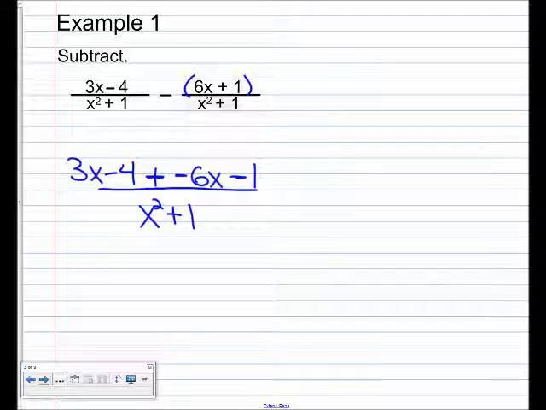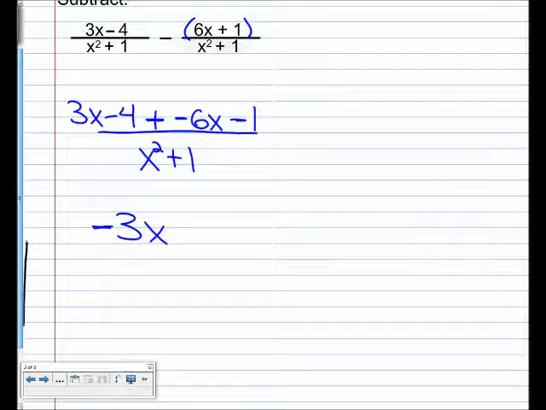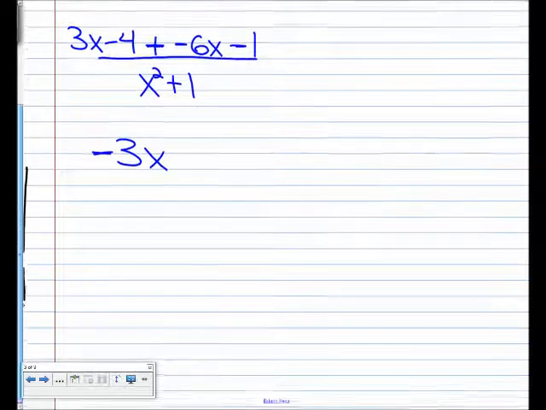So once I distribute the negative and make it addition, the parentheses are gone. All right, so that's why I put parentheses here. So if you wanted to do it right away, 3x minus 6x, that's the same as doing 3x plus negative 6x. And what is 3x plus negative 6x? Negative 3x. All right, and again, negative 4 minus 1 is the same as negative 4 plus negative 1, which is not negative 3.